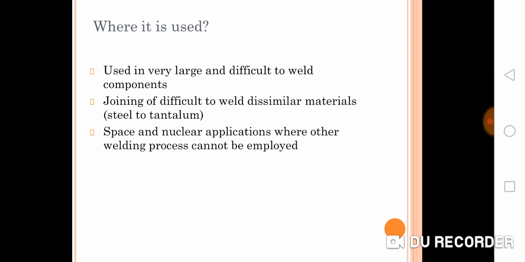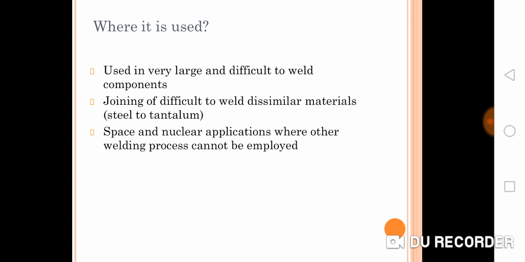Now where it is used. Basically explosive welding is not commonly used for all purposes, but it is used exclusively in some areas, like very large and difficult to weld components, very large surface area components. If you want to join those, you can use this process. Then another area is dissimilar materials. Dissimilar material welding is always very difficult.